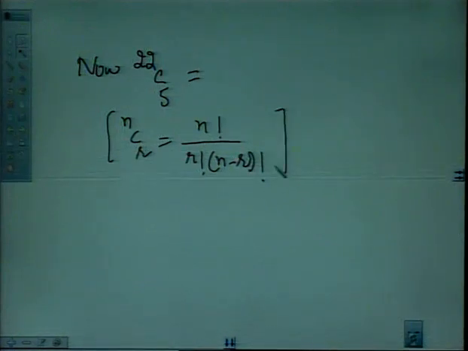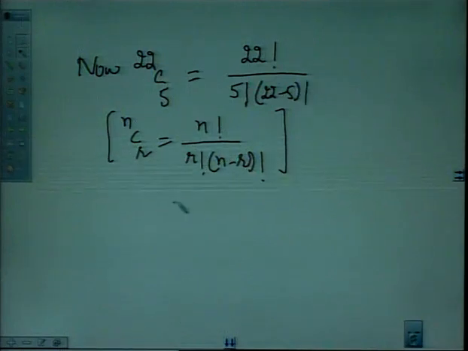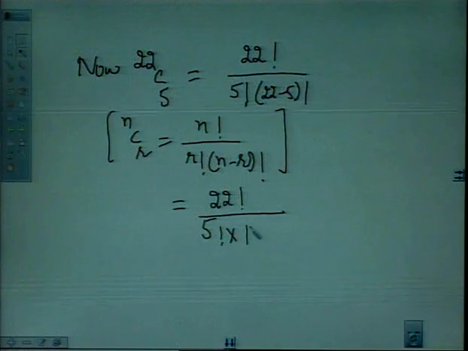Here, instead of r, we have 5 and n is 22. This is 22 factorial over 5 factorial into 22 minus 5, that is 17 factorial.